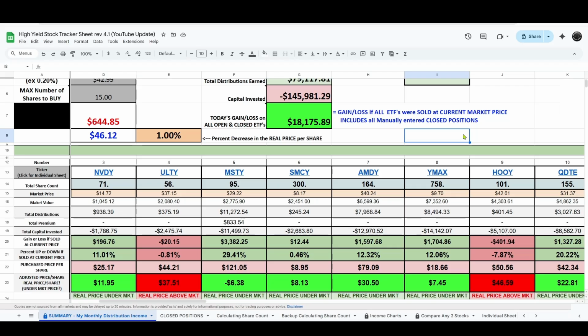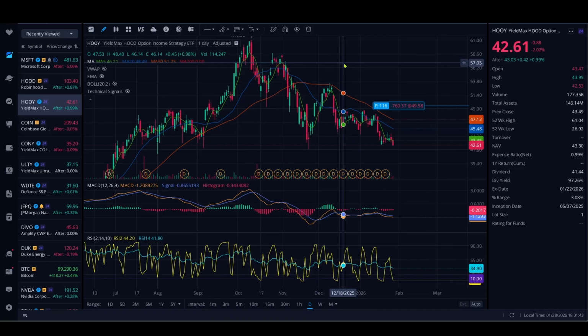And speaking of them trading sideways or possibly starting to move up, let's go over to the stock chart and take a look at the underlying, as that is what's going to push our high yield ETFs. All right, so first we're looking at HOOY, and this is the YMAX ETF on HOOD.